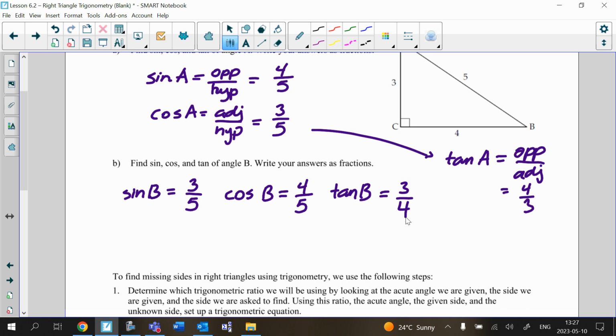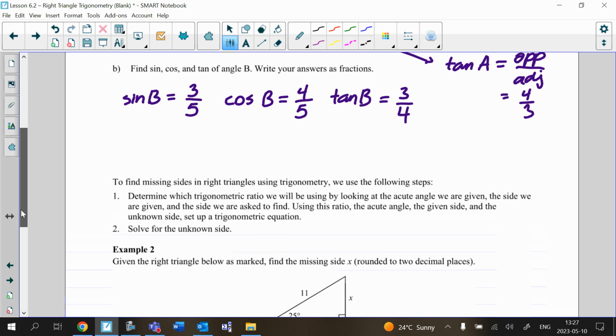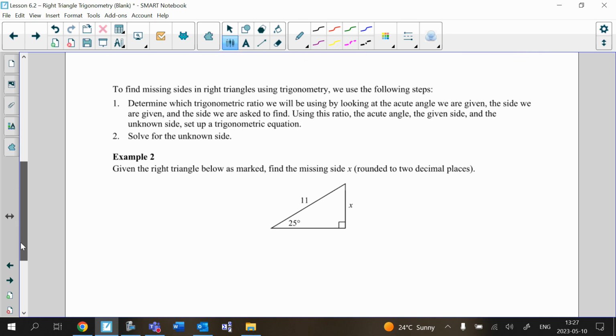There's the trig and the angle on one side, and then on the other side, one side length over another side length. You're always going to be given 2 out of the 3 pieces of information, and then you use algebra to find the third, which is essentially what this says here. So how do we find missing sides and missing angles using trig?